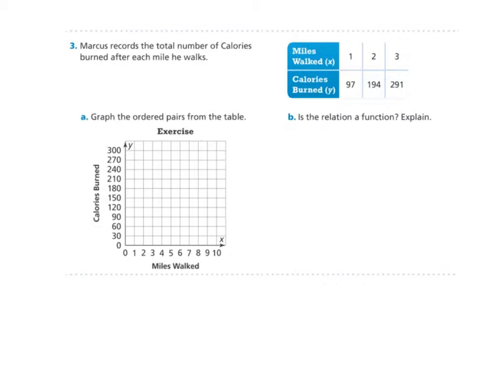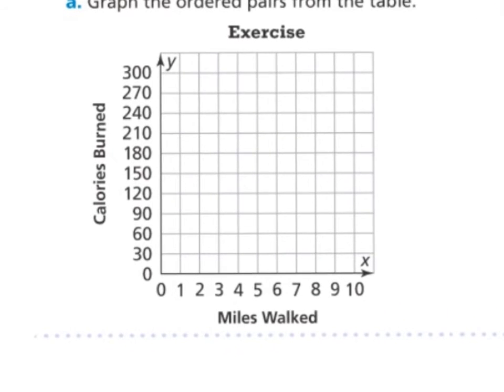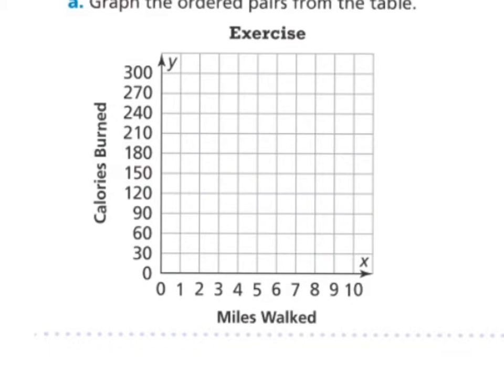Number 3, Marcus records the total number of calories burned after each mile he walks. So you can see that in the table. First thing is they want us to graph the ordered pairs. And they've specified on their table which one is the X and which one's the Y. So 197 is going to be our first point. So somewhere in between here.